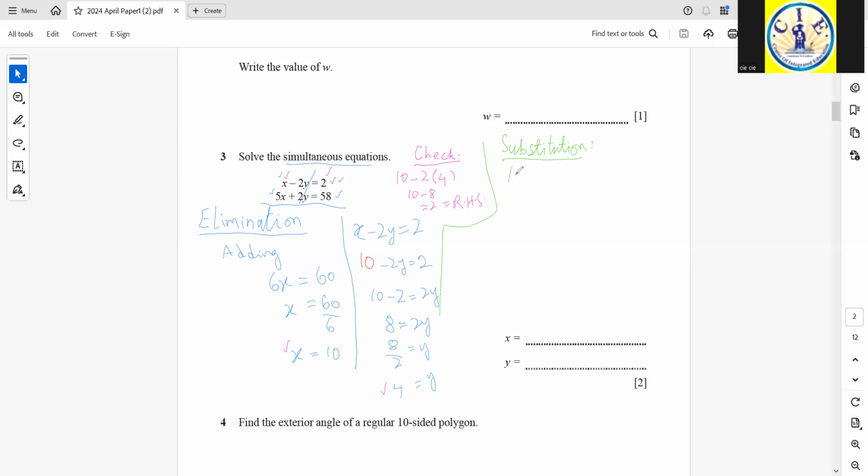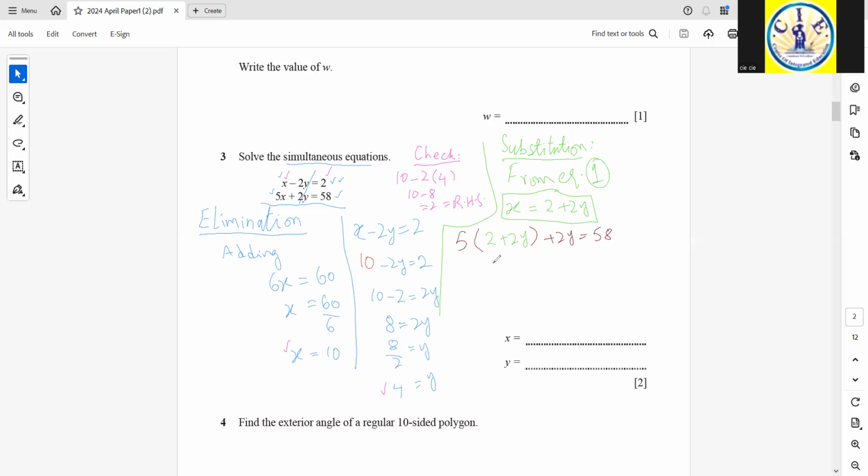From equation number 1, I can have the value of x to be 2 plus 2y. Once we have got the value of x or any variable, now we can replace this value in the other equation. So now I'm going to replace this value in the other equation. 5 times x, then plus 2y is equal to 58. At the place of this x, I'm going to replace its value 2 plus 2y.